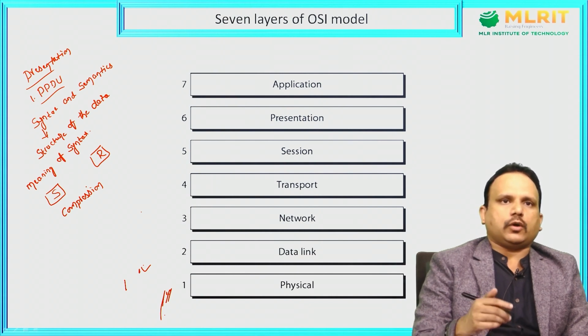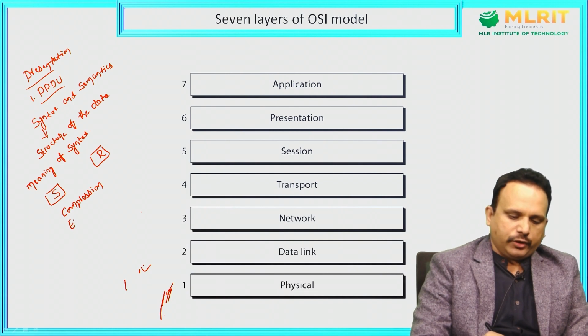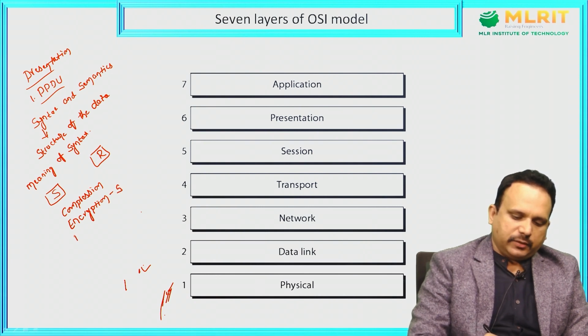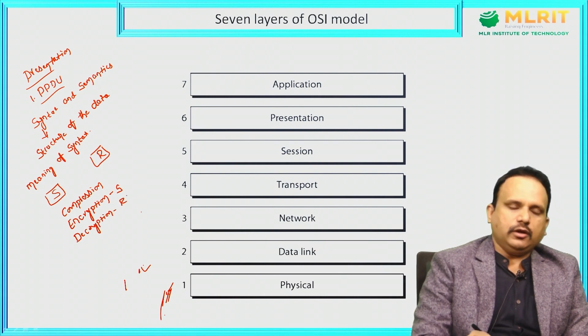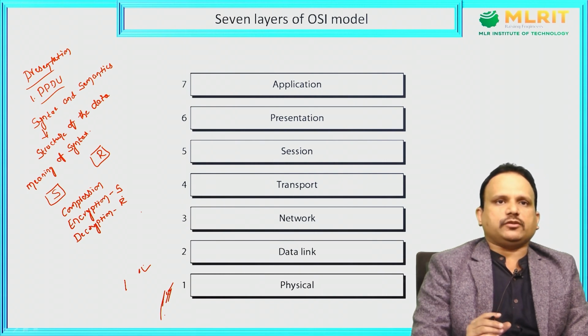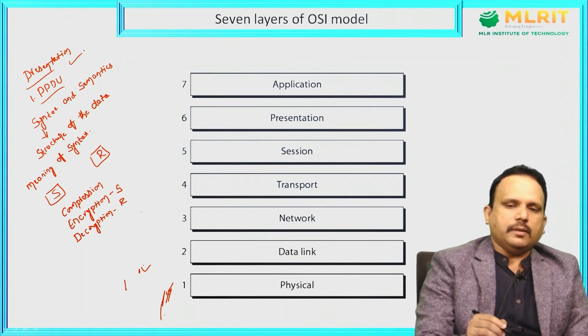We convert the plain text into ciphertext, so encryption is performed at the sender side and decryption is done at the receiver side to get the original plain text message. All these activities are performed in the presentation layer.